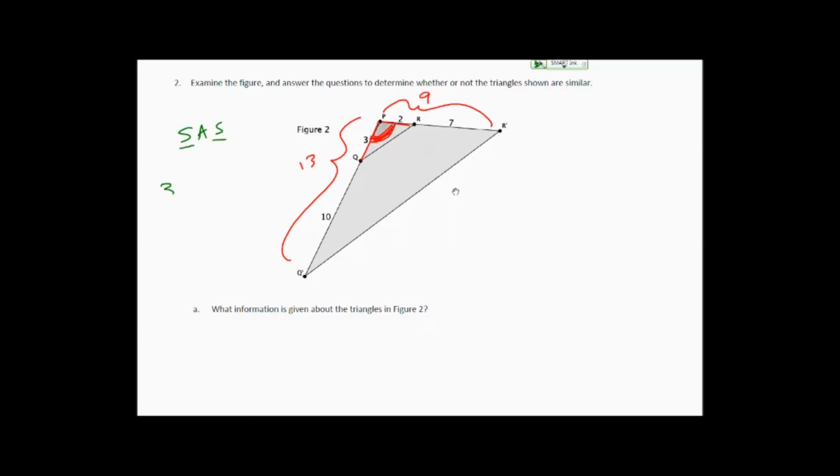So I'll look at 3 divided by 2, and that is left to top. Is that similar to 13 over 9? And I'll divide them. 3/2 is 1.5. And 13 divided by 9 is 1.4 repeating, which are not the same, and so they are not similar.